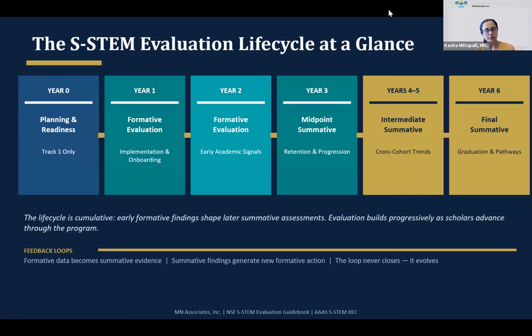Then year 4 and 5, they move to intermediate summative work across the multiple cohorts. By now, we are assuming that you would have at least 2 to 3 cohorts already in your project. Year 6 is the final summative, which means that you are literally looking at the impact. You're looking at the graduation, completion, transfer rates, and you're also looking at the STEM attainment, post-graduation pathways, right?